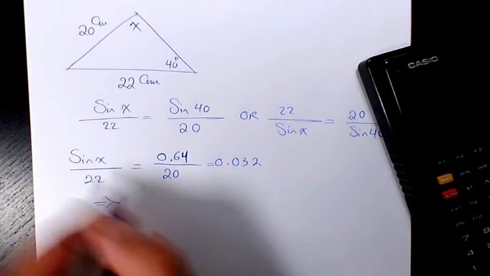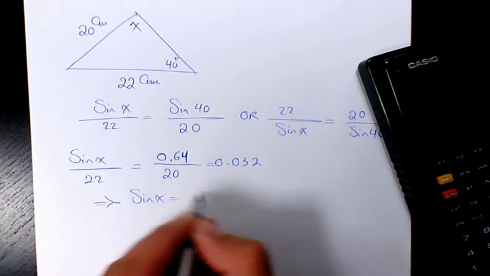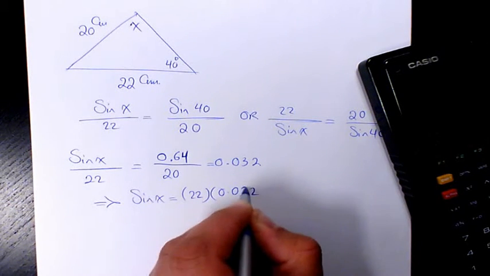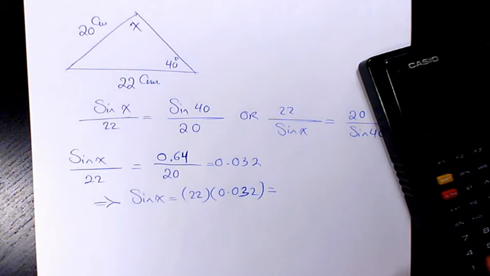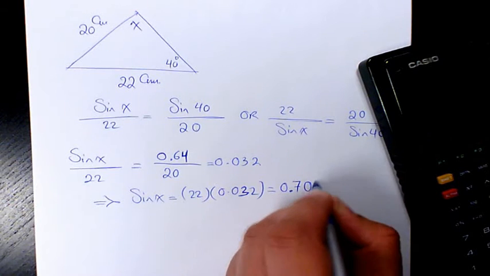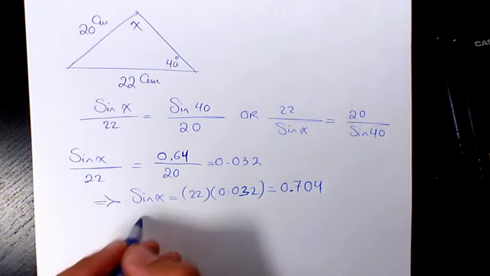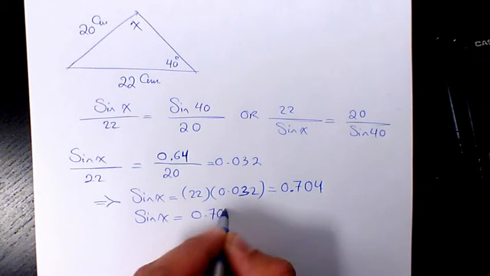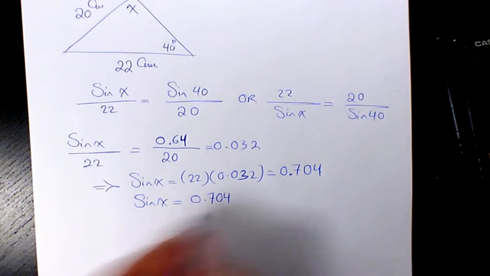Therefore sine X is going to be 22 multiplied by 0.032, which is 0.704. So sine X equals 0.704.